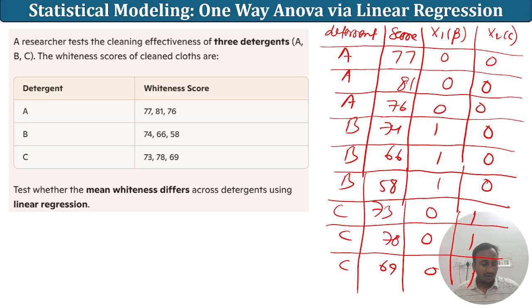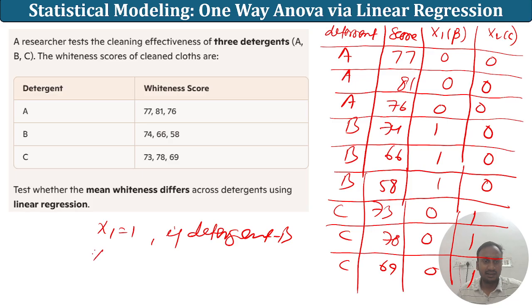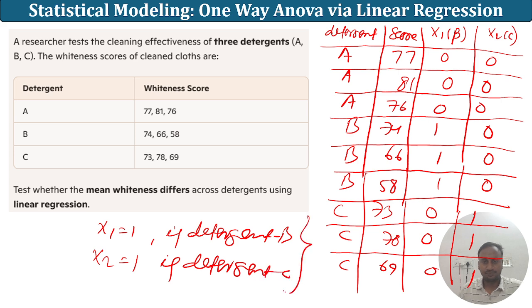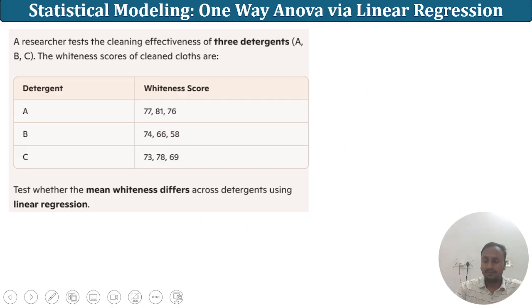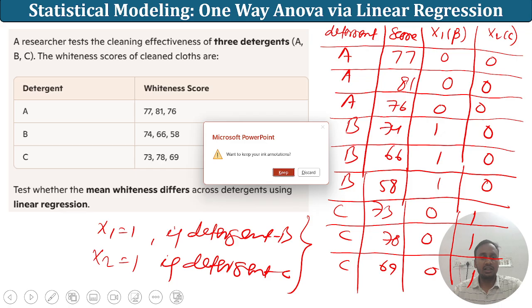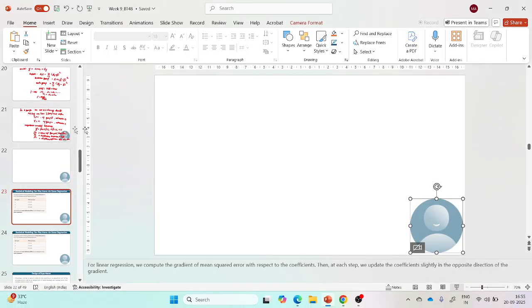So now X1 will become 1 if the detergent is B, otherwise 0. X2 will become 1 if the detergent is C. Based upon this only we have created this table. Okay. So we'll take some more pages and solve slowly. I think till here it's clear now.